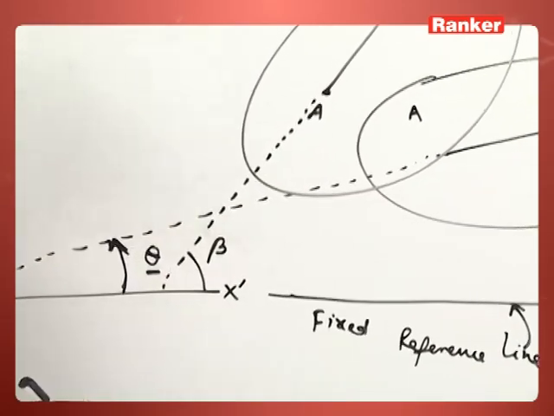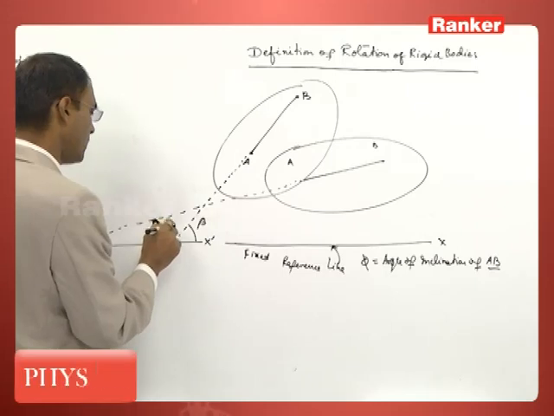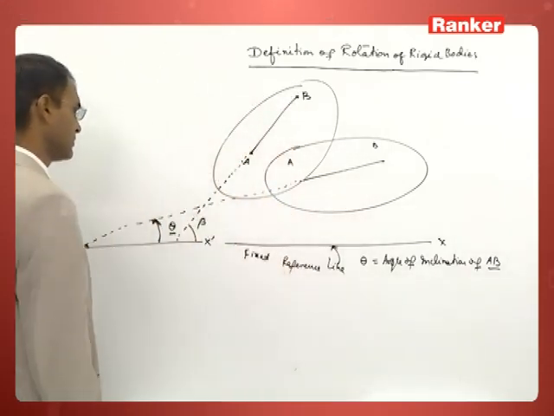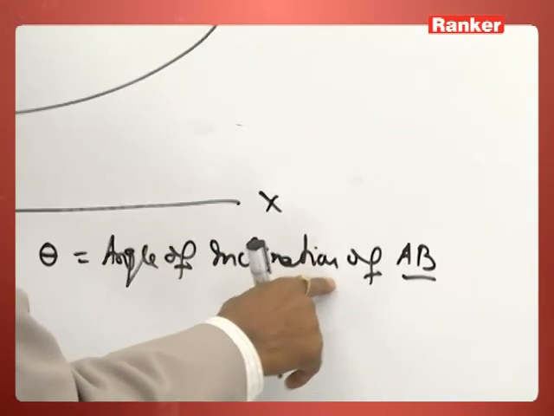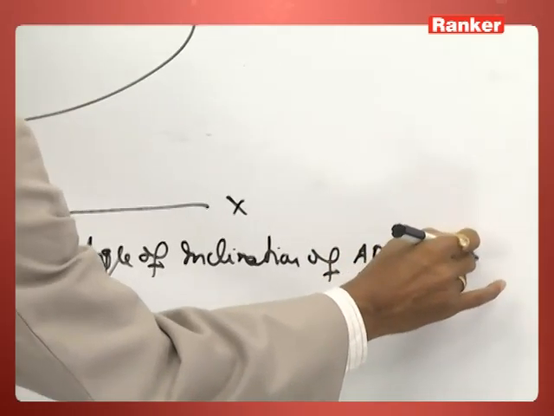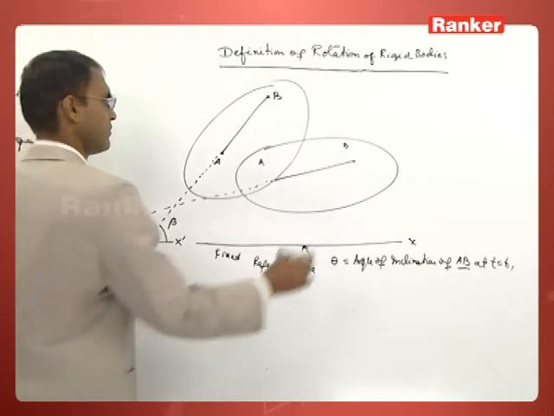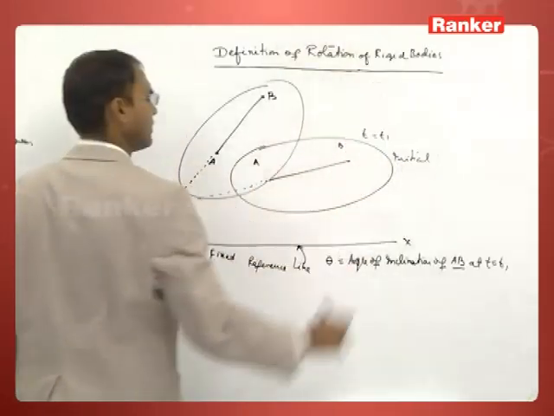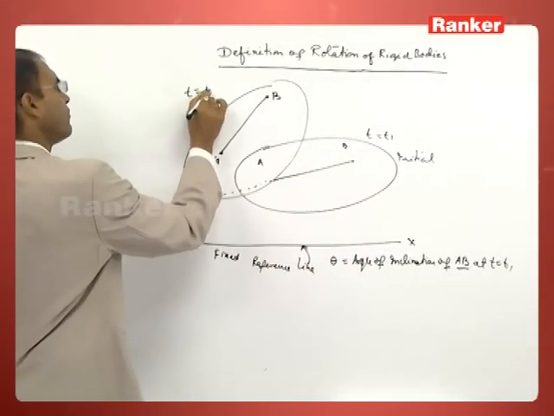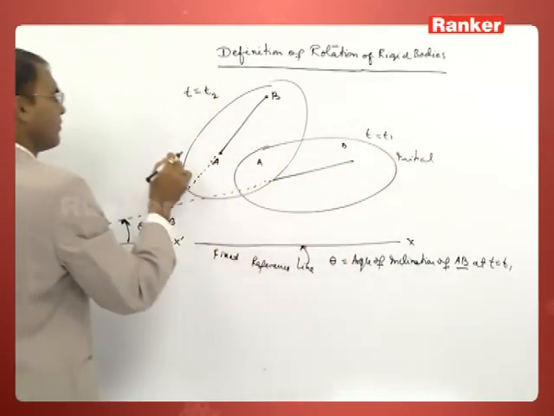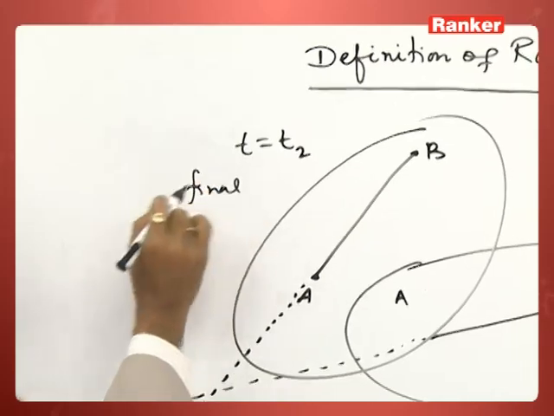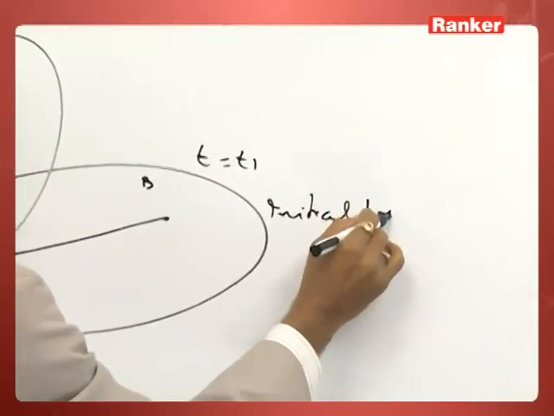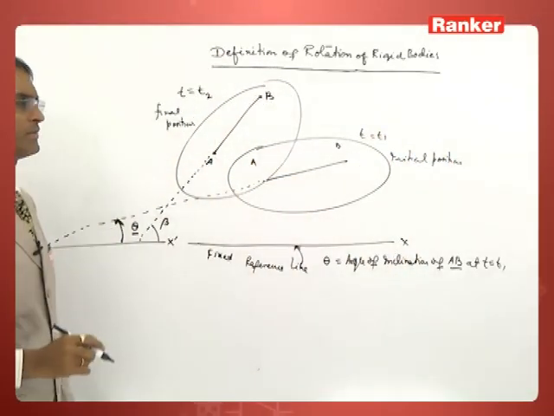Instead of phi you can take theta also. Theta is the angle of inclination of AB at time t equal to t1. This is the initial position. At time t equal to t2, this is the final position of the rigid body.